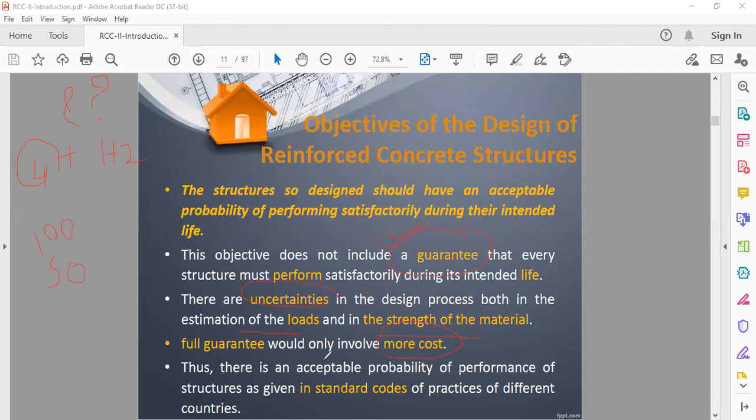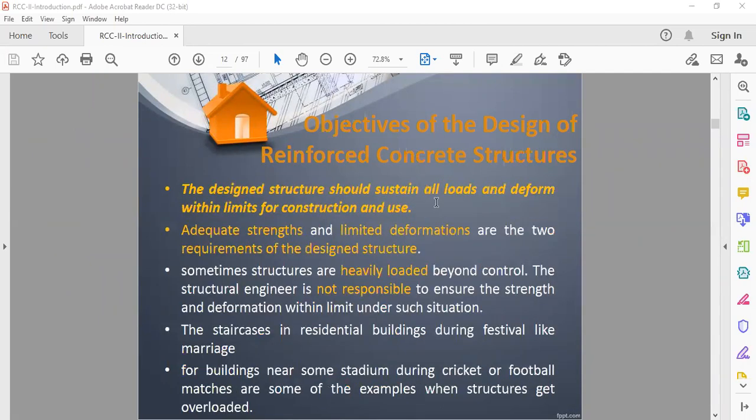So there is an acceptable probability of performance of the structure, as given in the standard code. As I said earlier, there are standard codes that should be followed. Whatever structure you design should sustain all the loads and deform within the limits of the construction. There are particular deformation limits.